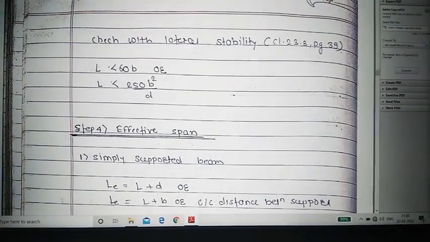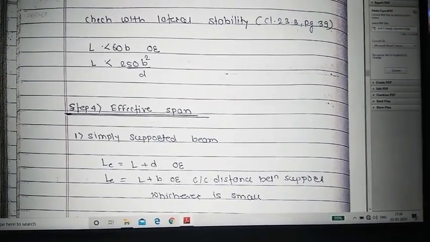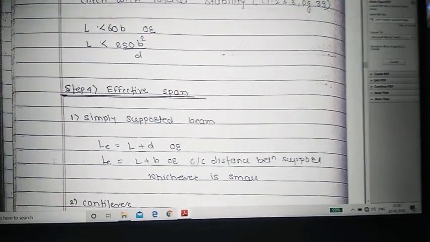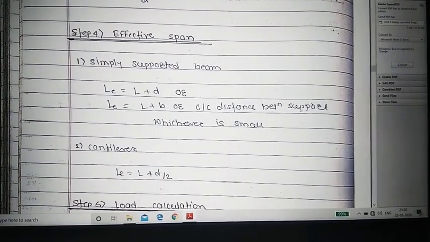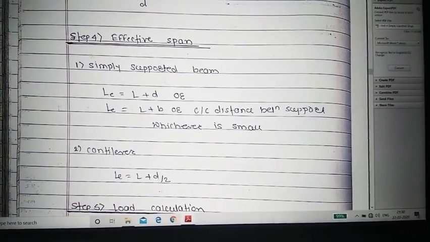Now once you calculate the dimensions, and if your width is safe, go to the next step number 4, that is effective span. And the formula for effective span we already discussed in slab, and the same formula is used here to calculate the effective span.